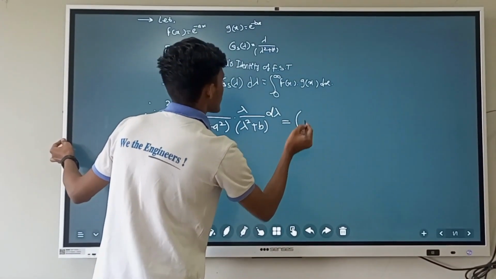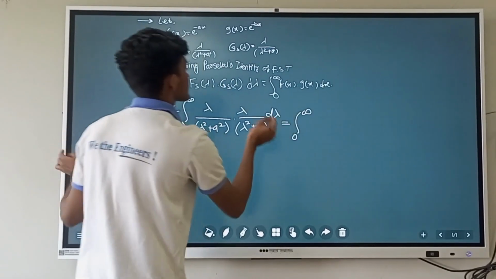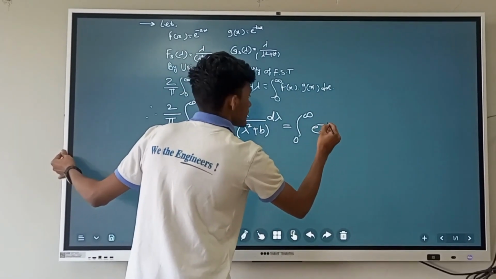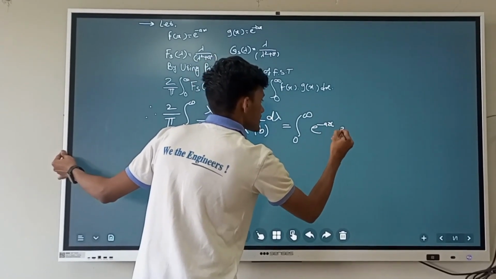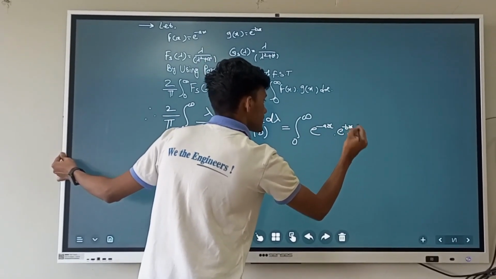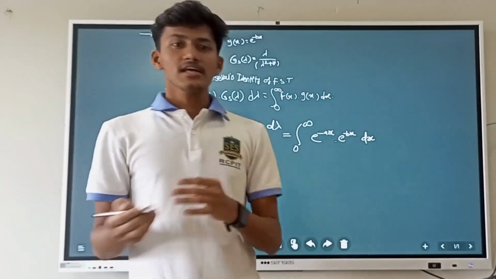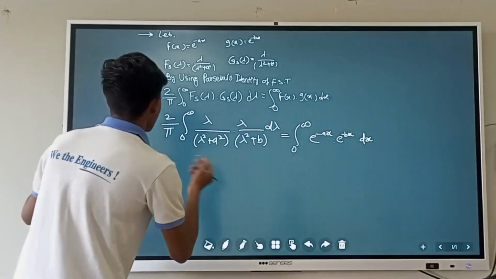Also, putting values of functions f of x and g of x, we will get e raised to minus ax into e raised to minus bx with respect to dx. So after putting these values, we are going to solve this.